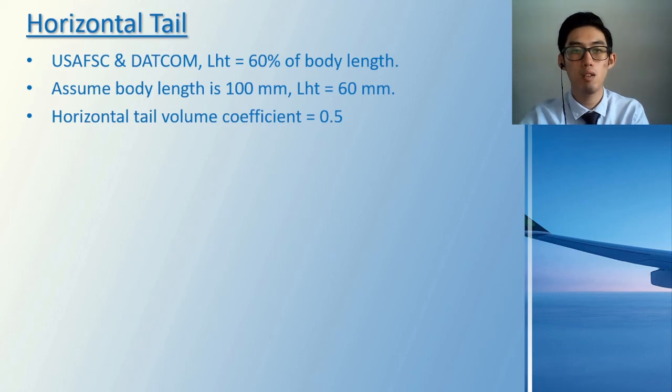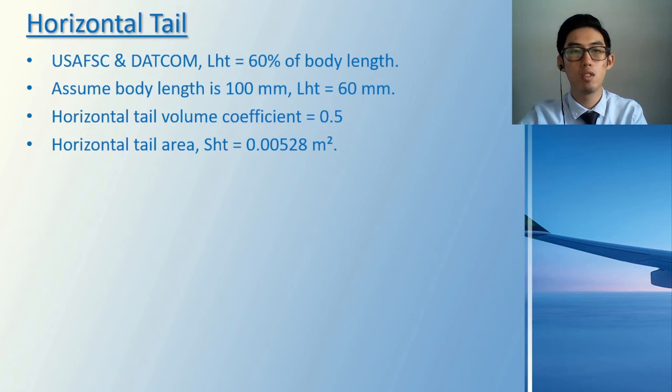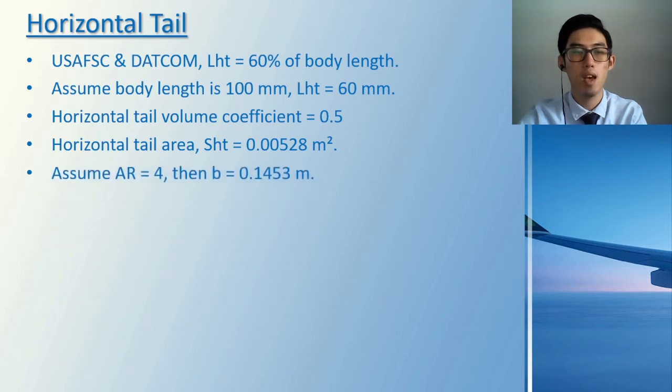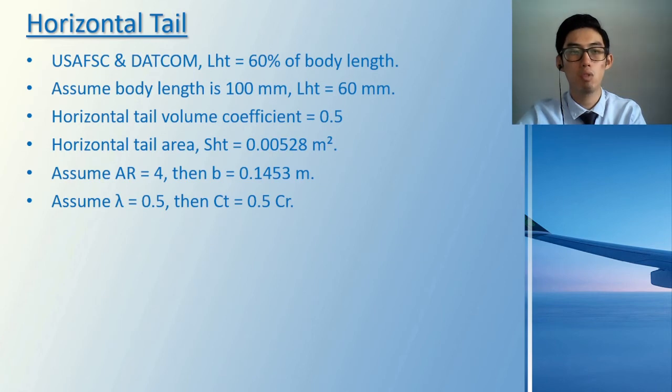The horizontal tail volume coefficient is 0.5. The horizontal tail area is 0.00528 meters squared. Assume the aspect ratio equal to 4, then b will be equal to 0.1453 meter. Assume also the taper ratio equal to 0.5, then CT equal to 0.5 CR.